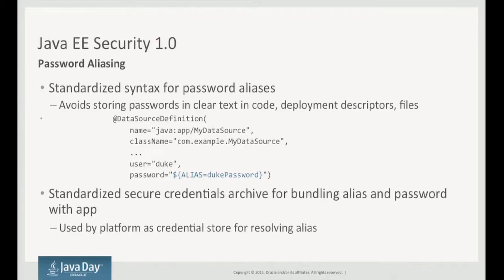So in this little example, I've shown our syntax for password aliases. This is what we had proposed to the Java EE 7 expert group. It's not yet clear whether this work will be done by the security expert group or the platform expert group, but our intention is to address it one way or the other.